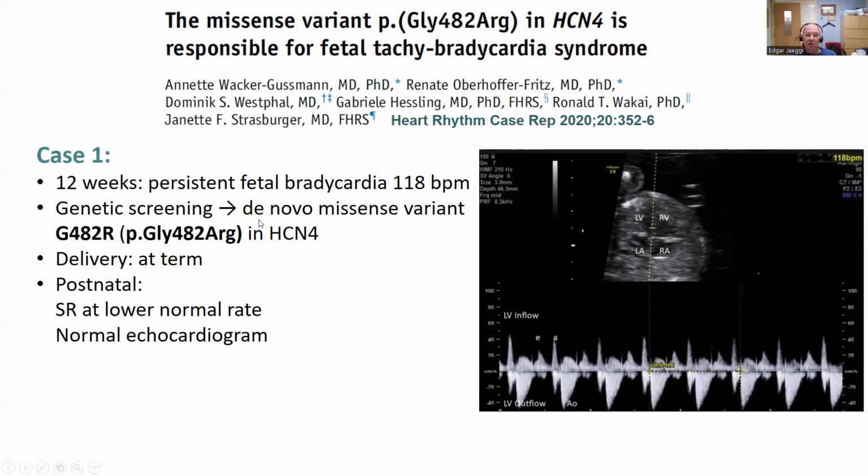This was supposedly a de novo missense variant because the parents were not carriers. The child reportedly had a structurally normal heart and just a slower heart rate than usual.